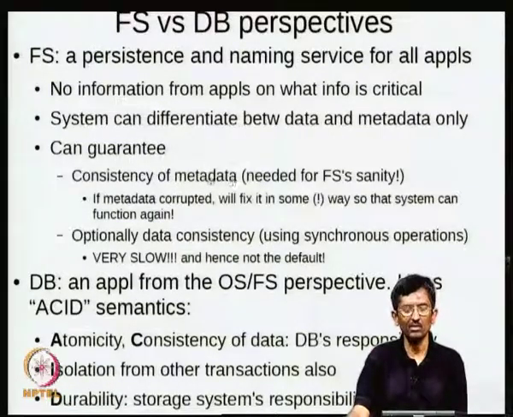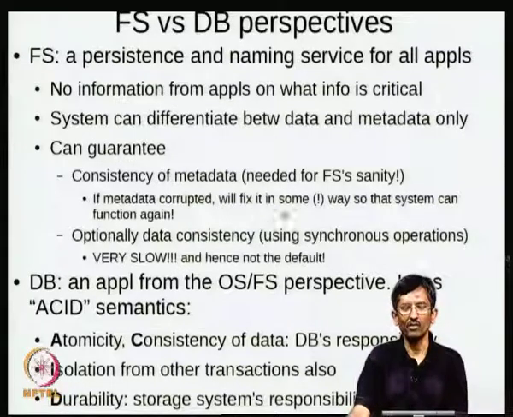It can't abandon consistency of metadata. It is critical. The only issue is that in spite of worrying about consistent metadata, even then it can get corrupted. If it gets corrupted, the file system has no real serious information about what to do next.